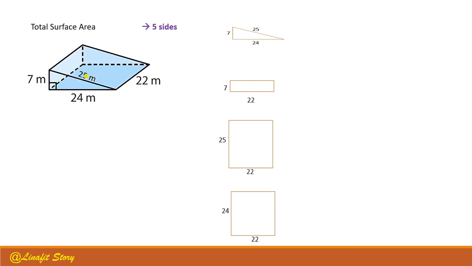There are 2 triangles. To find the area of a triangle is 1/2 times base times height. So 2 times 1/2 times the base is 24 and the height of the triangle is 7. So this is equal to 168. To find the area of a rectangle is length times breadth.